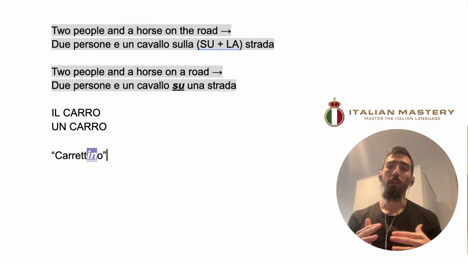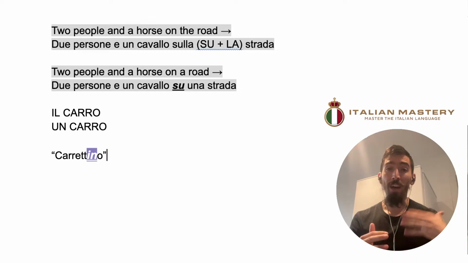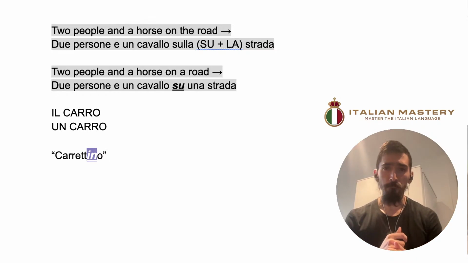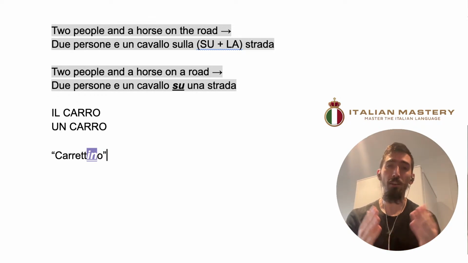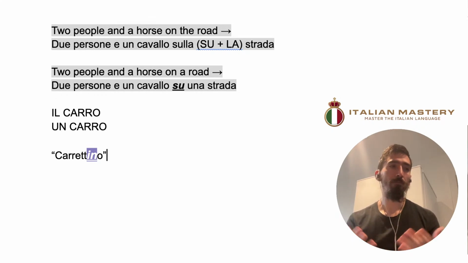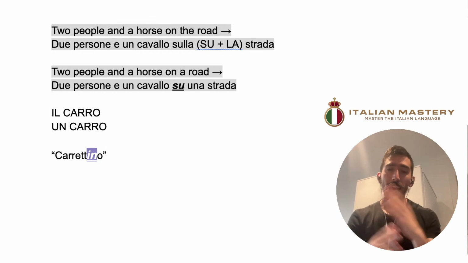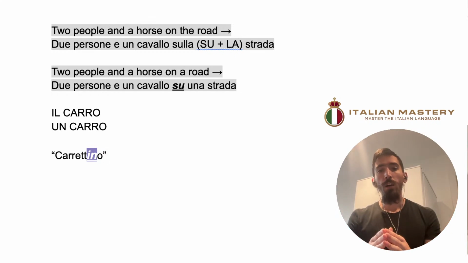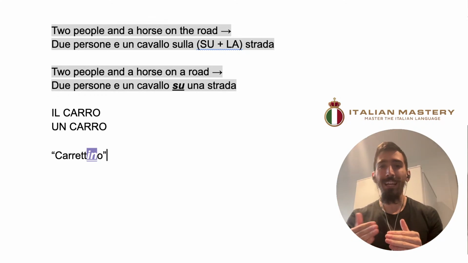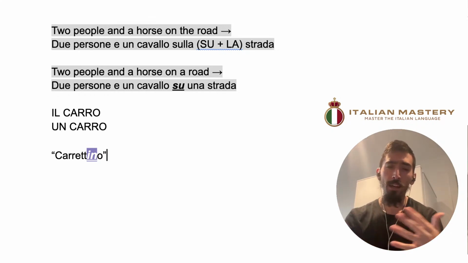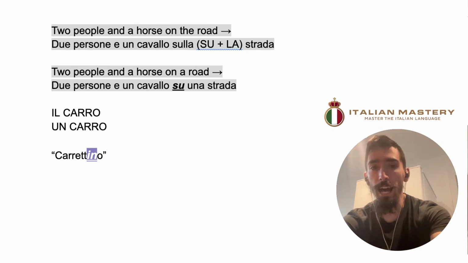Basically, in Italian, you can have effects added onto a word by changing the ending. So a normal noun, such as carro, or it could be cane, gatto, dog, cat, any noun, can then have different endings. Gattino, gattone, to mean a small cat, a big cat, or a bad cat, a good cat.